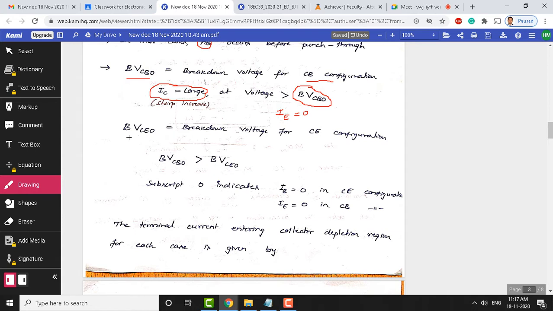With reference to the common emitter configuration, we can define a similar breakdown voltage: B times VCEO. CEO means that, in this case, the base is kept open, so IB is 0. The breakdown voltage for the common emitter configuration is given by B times VCEO.